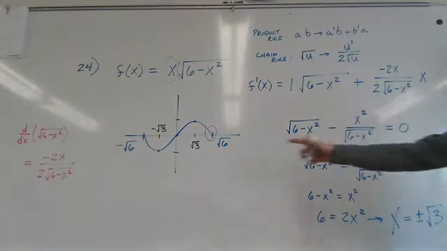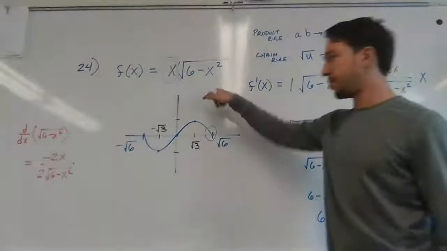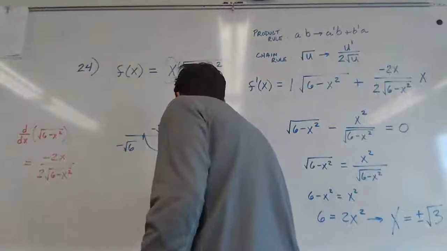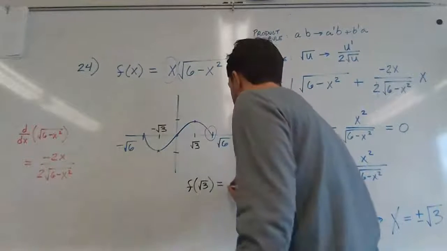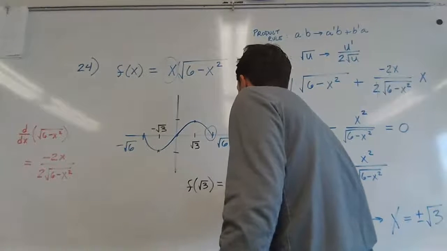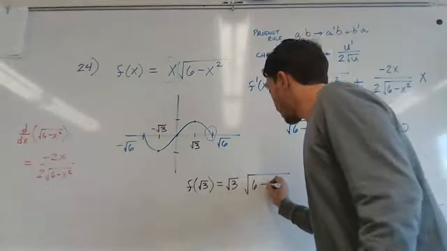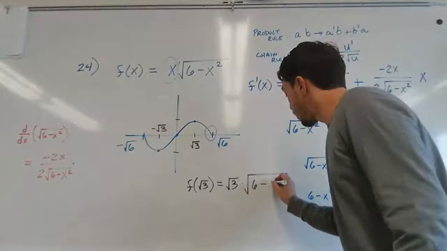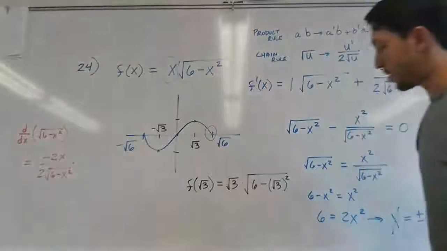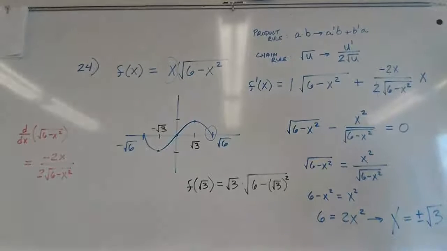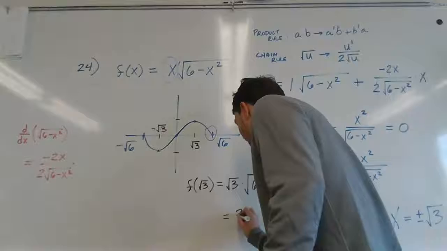Okay, so where do I plug this in? Plug it into the original, yeah. So f of root 3 would be, plug it in there, root 3 times 6 minus root 3 squared. What does this all come out to be? It's just 3.